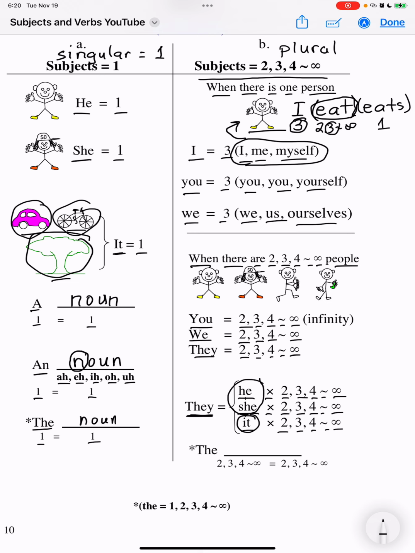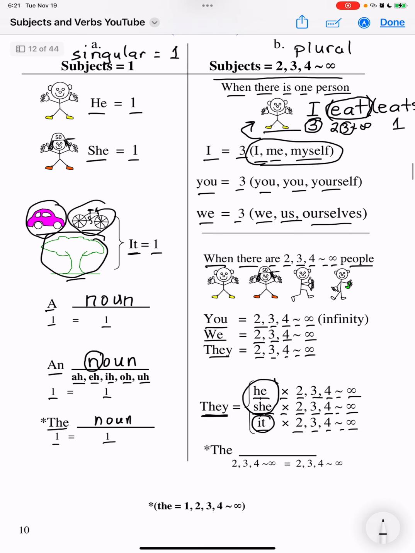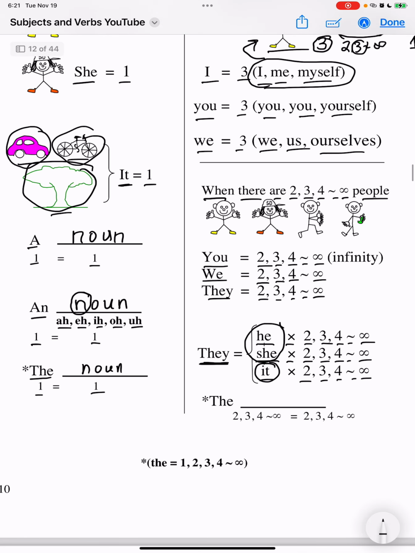Okay, and so that's interesting. And this is really cool. And then you have the. In this case, sorry, it's a typo. The is equal to 2, 3, 4 to infinity, and the next word somewhere after the, it'll be a noun, and it will equal to 2, 3, 4 to infinity.